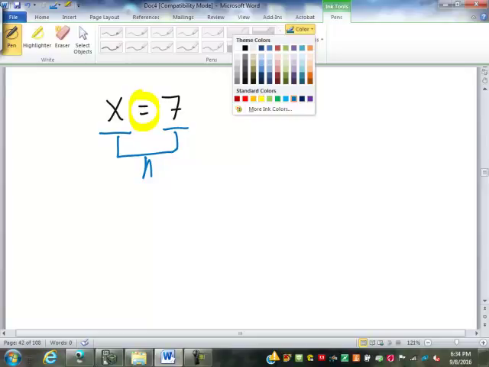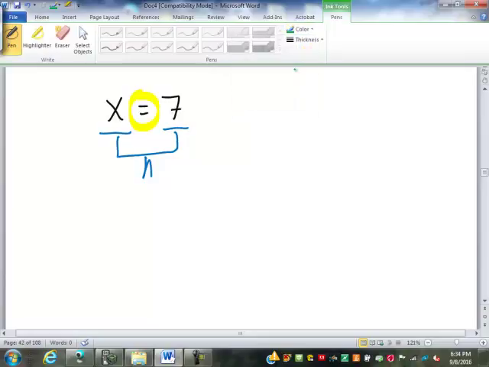Now, all equations start out in this simplest of forms as a variable equals a number, and they're built up from there. Some things we can do to build onto our variables are use our basic operations. Add, subtract, multiply, divide. So let's add here. Let's say I'm going to add 5. So now on this side of the equation, it is x plus 5. I've built onto it, made it a little more complicated.